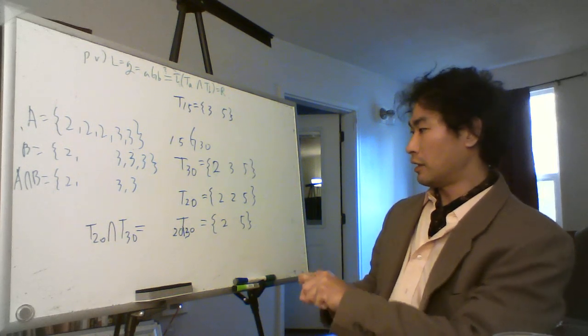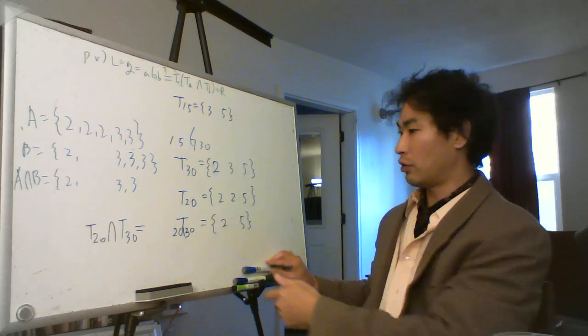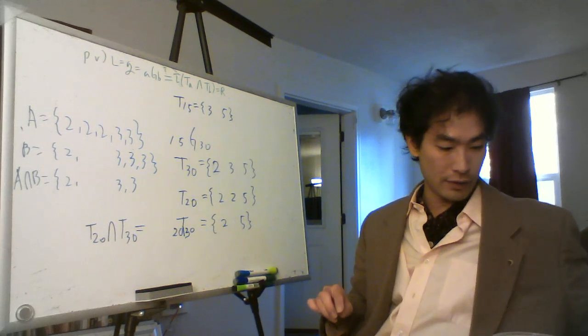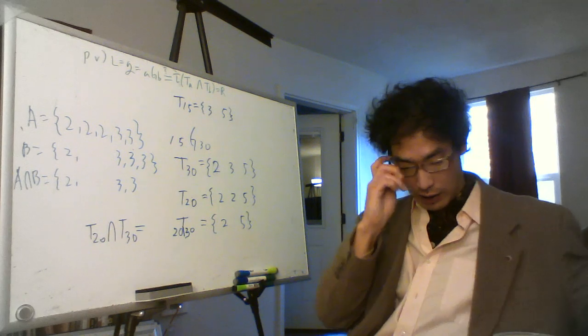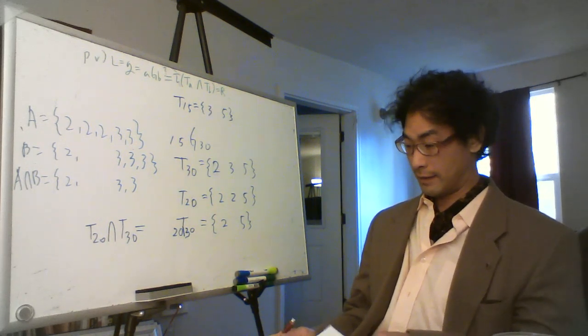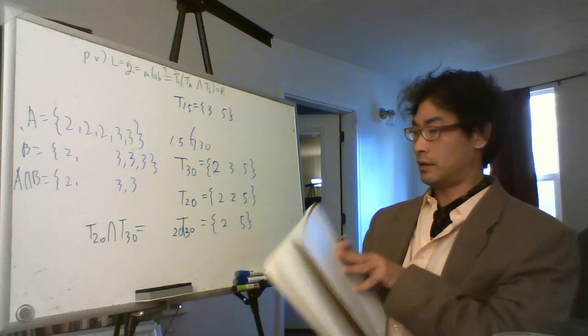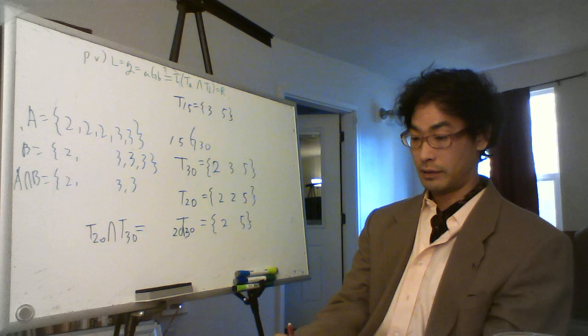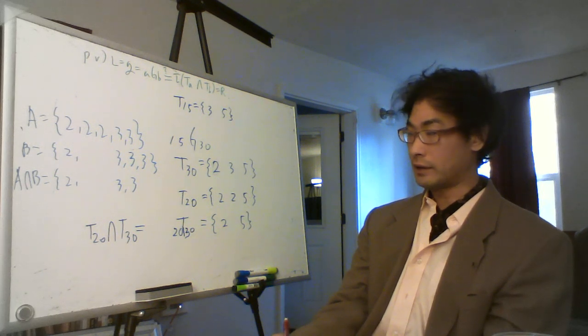So let me write this down though, okay? Because it's a brand new notational convention for us, so I do need to write this down, and then I erase. I will get back to this, okay? Okay, ATB is defined as TA intersection TB, okay?